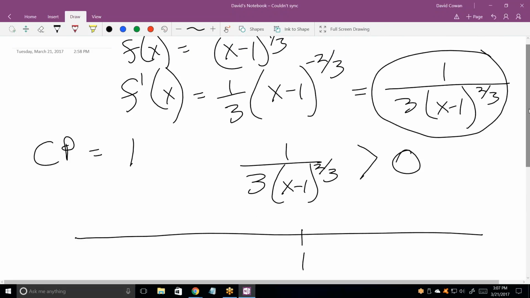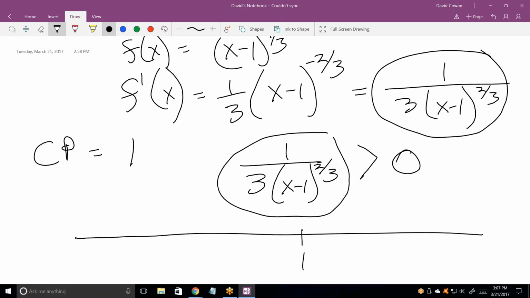In other words, when I was trying to determine what is that when x is to the left of 1, we're going to have a negative number to a fractional exponent. So I don't know if that's greater than 0 or not. When x is to the right of 1, it's clearly positive.